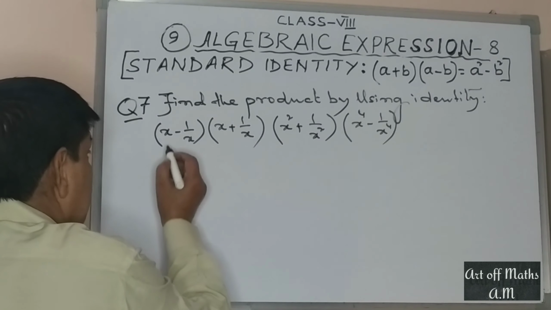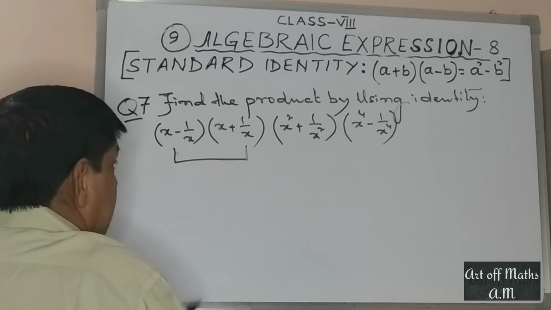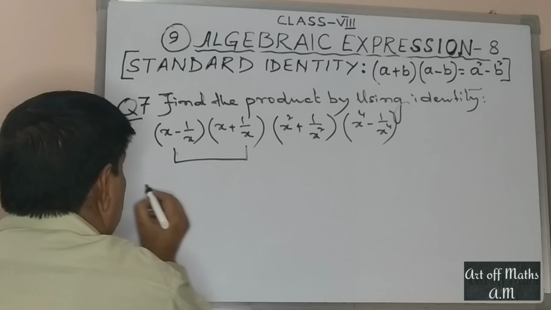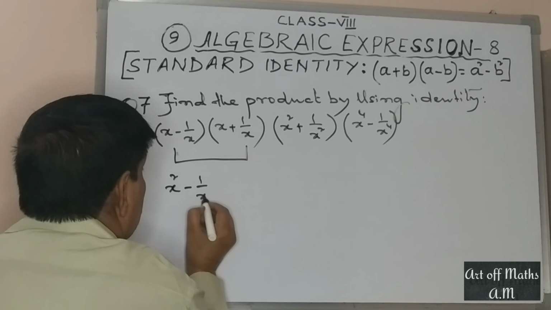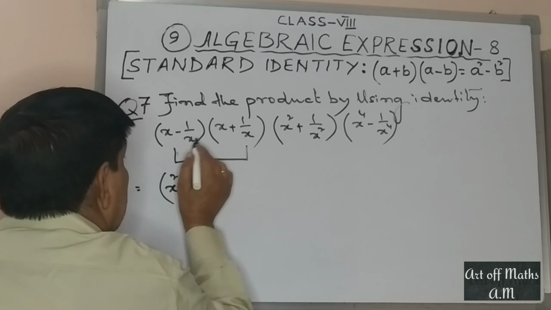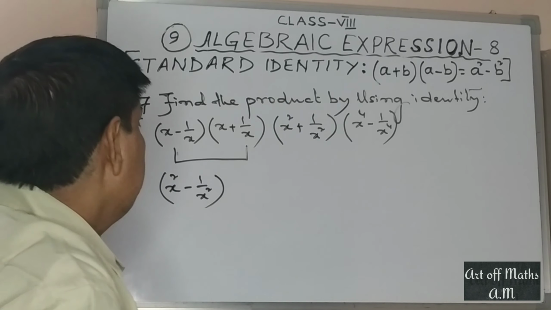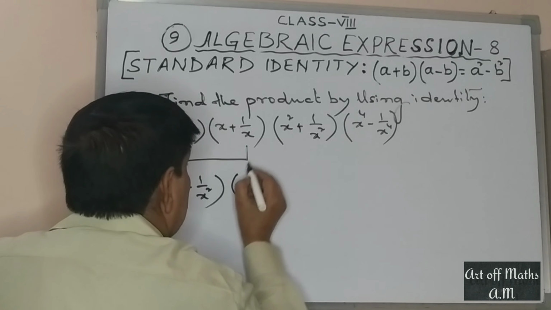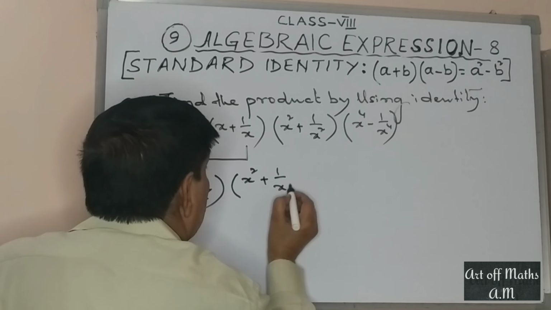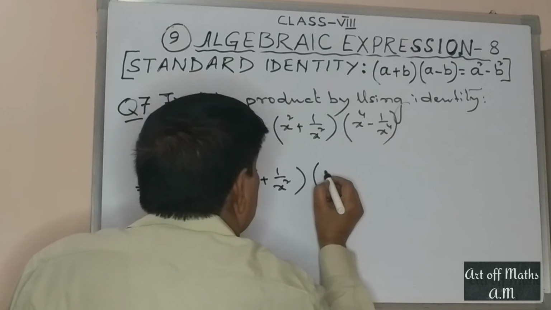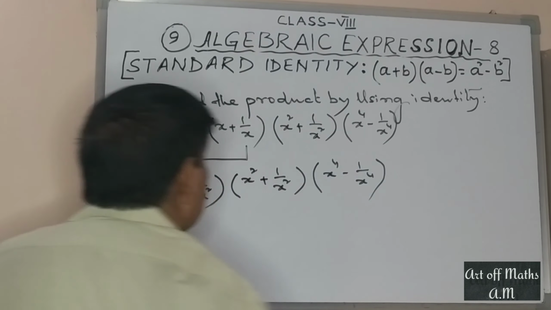Now first of all, from these two factors we get x square minus 1 by x square, (a plus b) into (a minus b). Now remaining (x square plus 1 by x square) into (x to the power 4 minus 1 by x to the power 4).